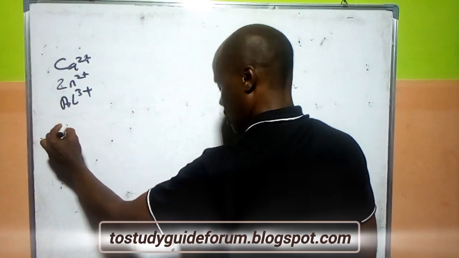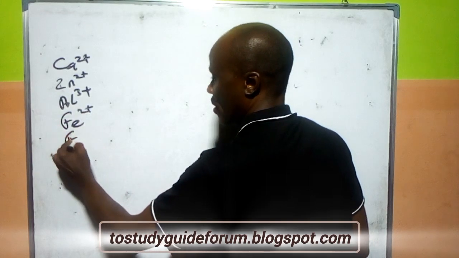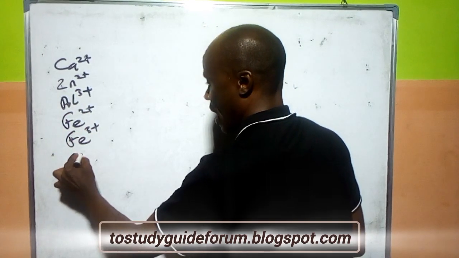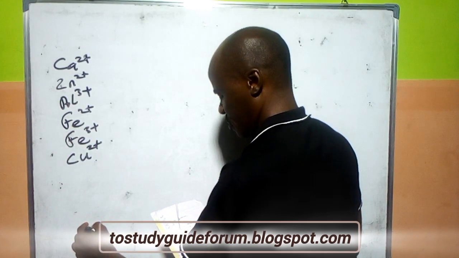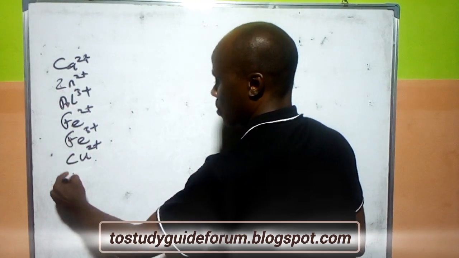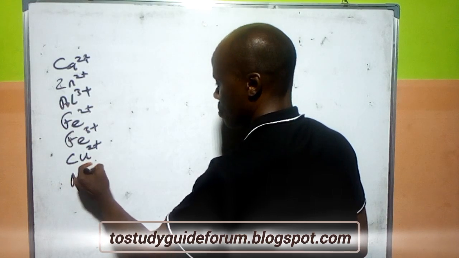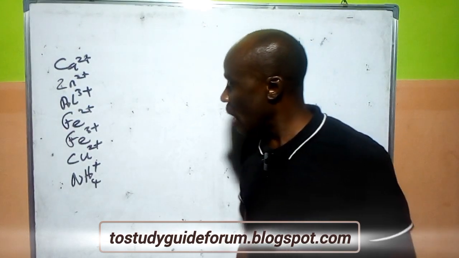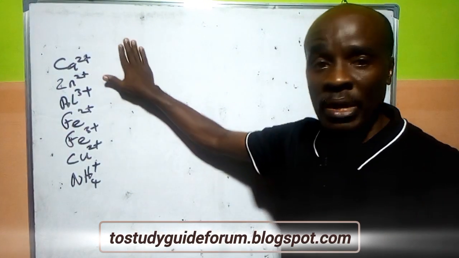Then we have iron 2 ion, iron 3 ion, copper ion, and in some cases we also test for ammonium ion.